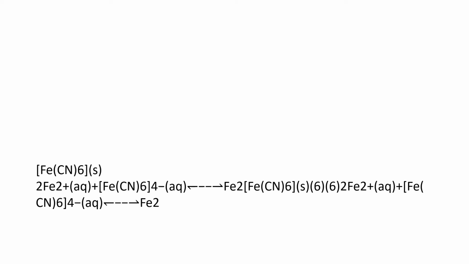However, when the whole of the ferrous ions present in the conical flask are oxidized to Fe plus 3 ions by the progressive addition of dichromate solution from the burette, the indicator will not give a blue color with the solution.